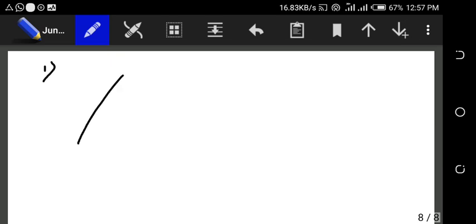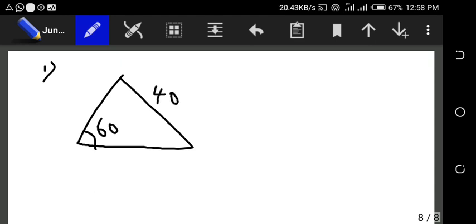In this particular diagram, if here is given as 60 degrees, here is given as 40 meters, and here is given as 35 meters, find the angle here. Let me call it X degrees. So find the missing angle.